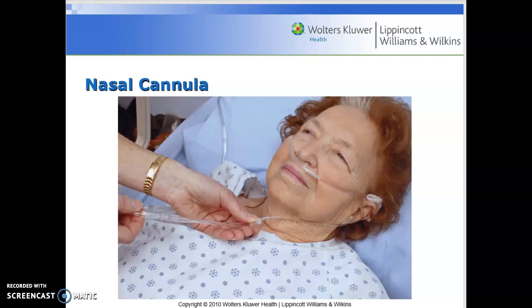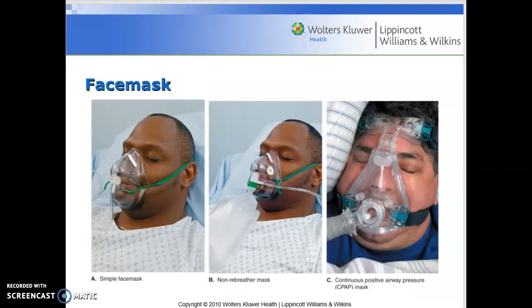You want to make sure that you know the flow rates that are used with the different devices, and we need to make sure that we know what is actually prescribed to the patient whenever we are using these different devices. So we need to know what's prescribed, and you need to know which flow rates go with each of these different devices. And this is a face mask. I'm going to flip through and show you this.